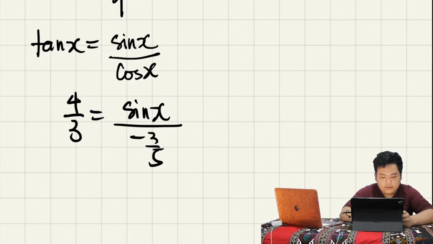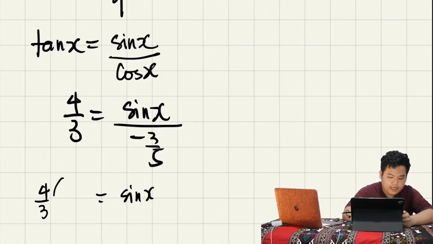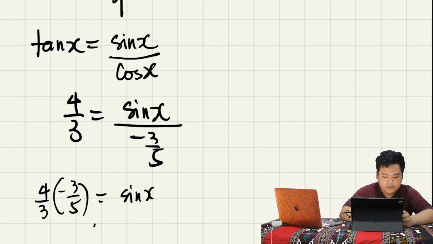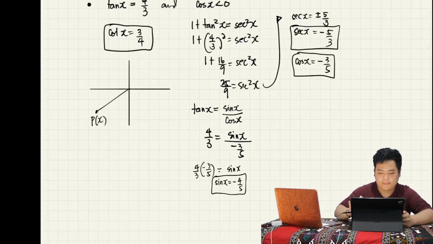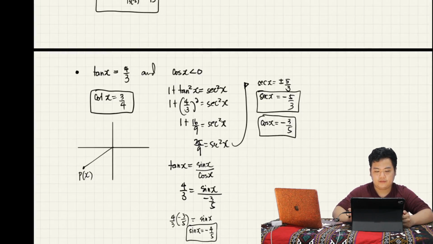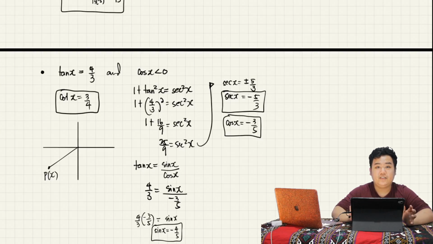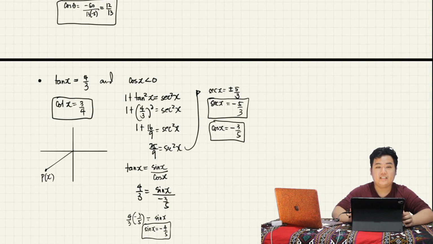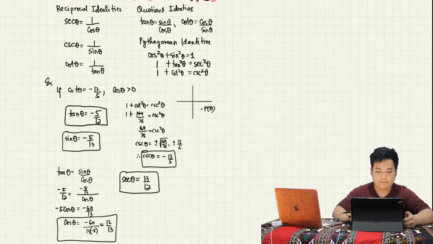Okay. So, multiply nyo na lang itong ganun. So, sine x is 4/3 times negative 3/5. So, sine x is equal to negative 4 over 5. Okay? So, ganito ginagamit yung fundamental identities to find the other circular function values pag binigyan ka ng isang circular function value ng theta at yung restriction doon sa theta.